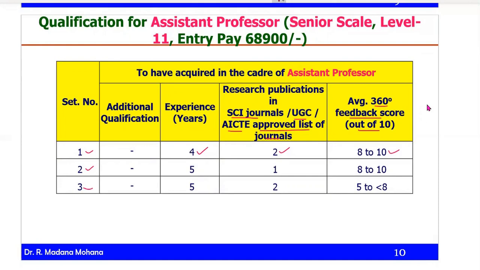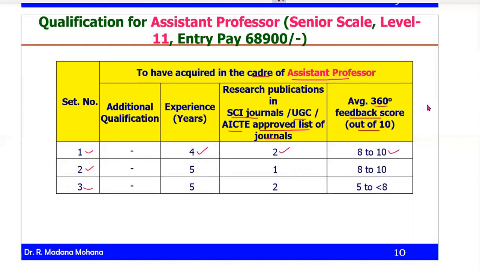So all these requirements should be fulfilled in the cadre of assistant professor, that is entry level itself. Then you are eligible to be promoted to assistant professor with the senior scale by following the requirements we are discussing now. So out of these three sets, any one set needs to be satisfied.